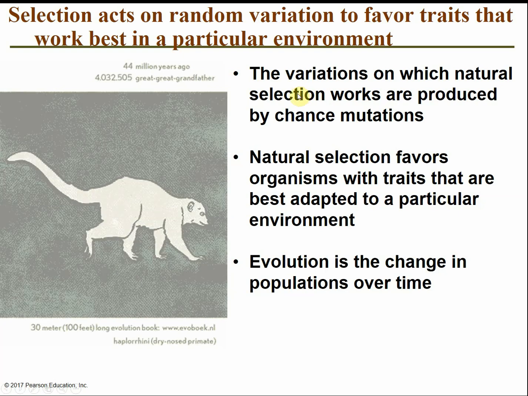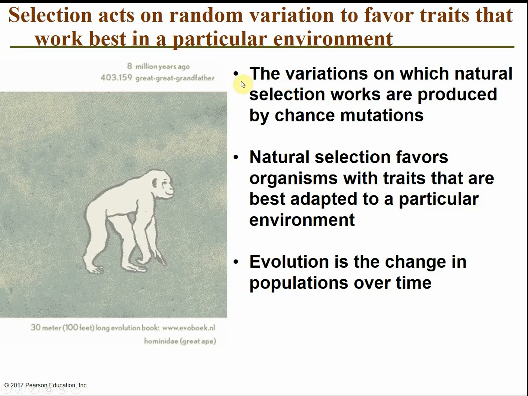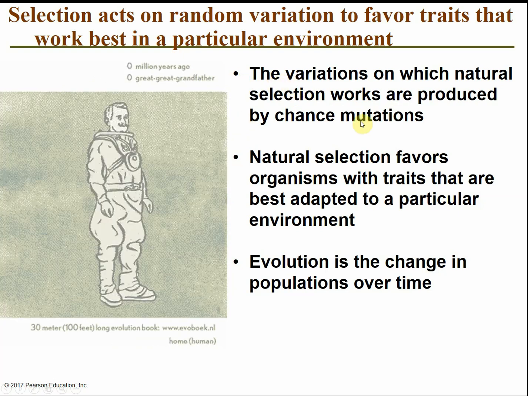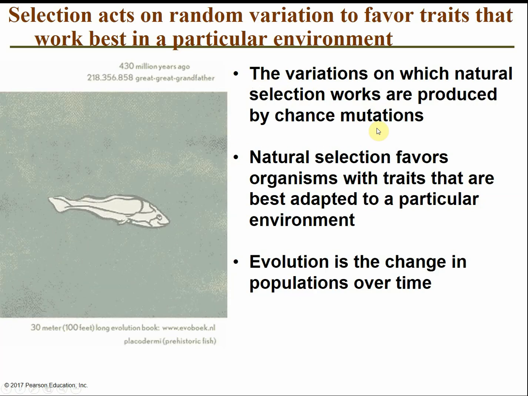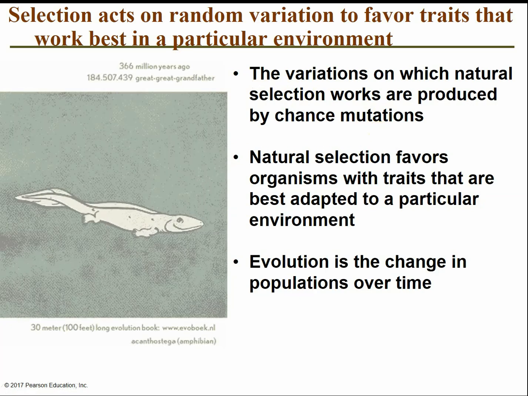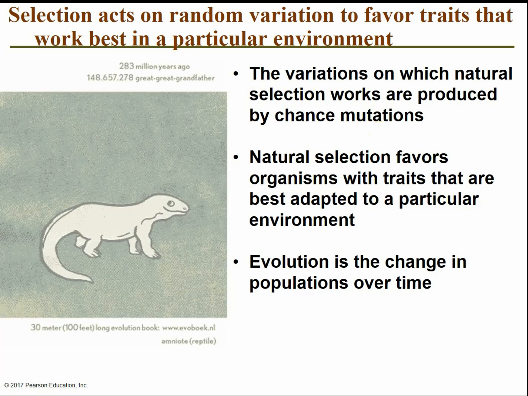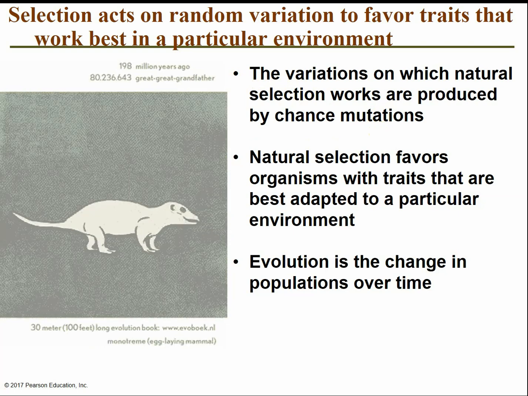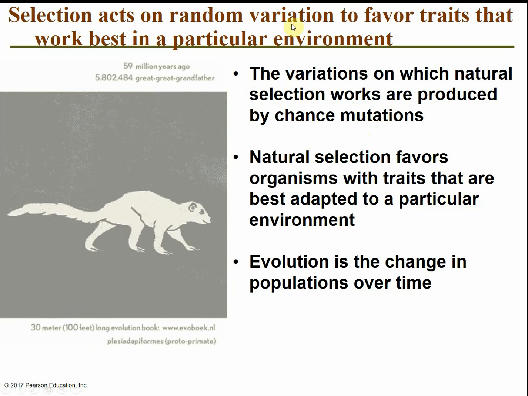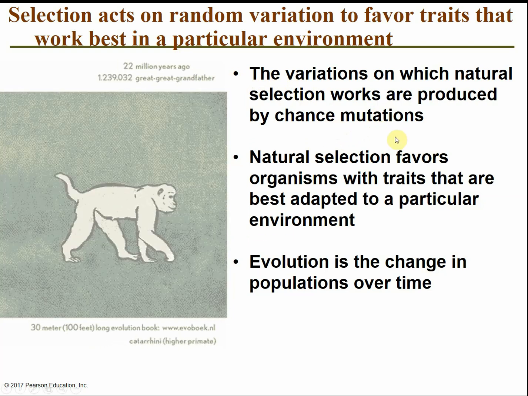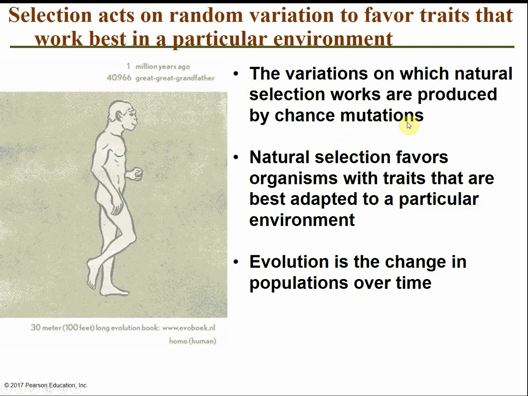So these variations on which natural selection works are produced by chance mutations. Right? That's really what's driving evolution, and all the diversity we see today are mistakes. Thousands of mistakes built upon each other, mistakes in copying DNA and these chance mutations.